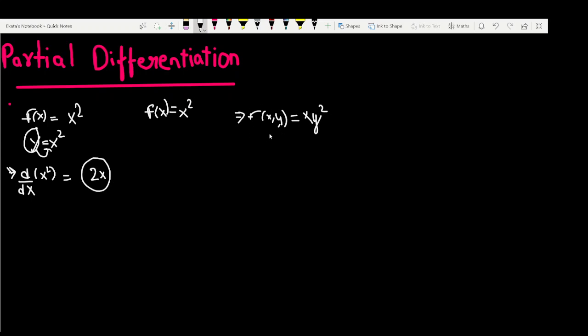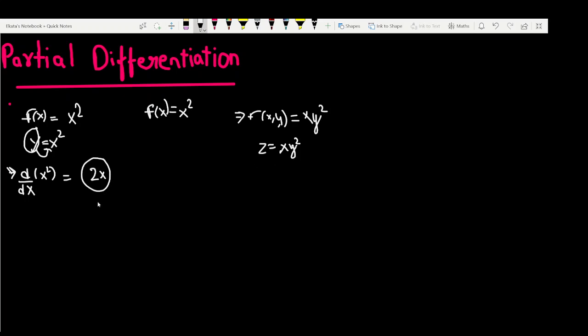Now this f of x y is a function of x y squared, which means it is dependent on the values of x and y squared. In this case you can't apply this d by dx because there are two variables, x and y.